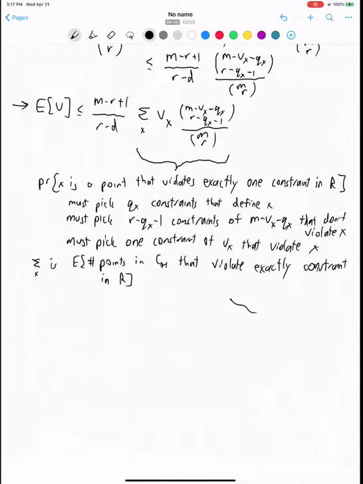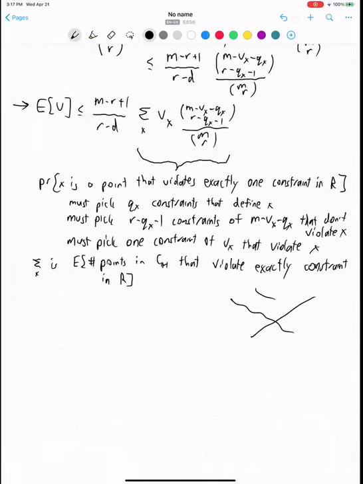Okay, so I mean, you can't do a lot in 2 dimensions, but here's R, or sorry, R union S, not R. But here's R, and here's the optimum, right? How many of the other vertices defined by R violate exactly one constraint of R?